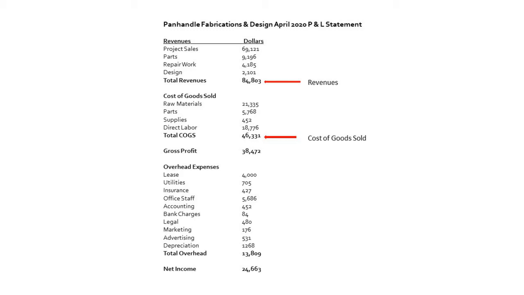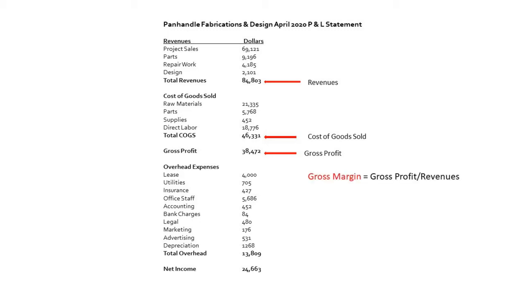And so when we subtract the cost of goods sold from the revenues, that gives us what we call gross profit. And gross profit is really the profits that have been made by the business for the business. And gross profit is the first measurement of profit that we come across in the profit and loss statement.